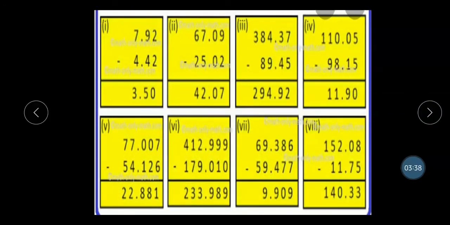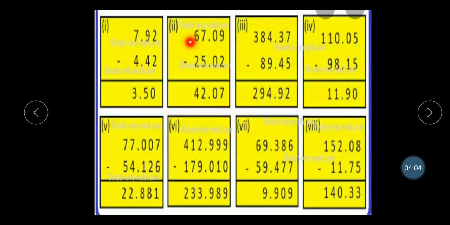These examples also you are supposed to copy in your notebook properly. The next example is 7.92 minus 4.42. 2 minus 2 is equal to 0. 9 minus 4, we get 5. Put the decimal point. 7 minus 4, 3. Our answer is 3.50.